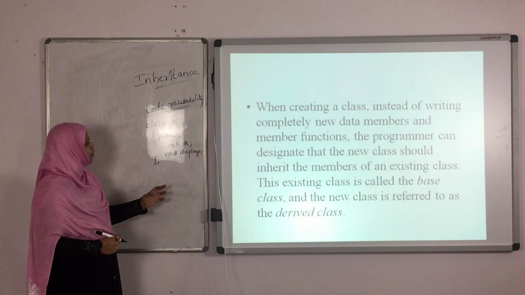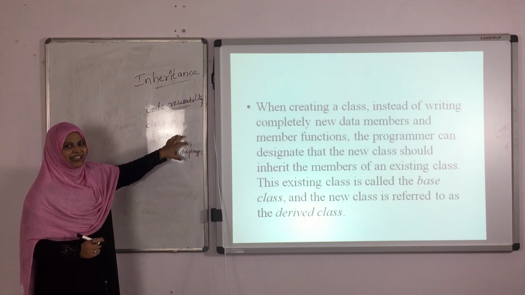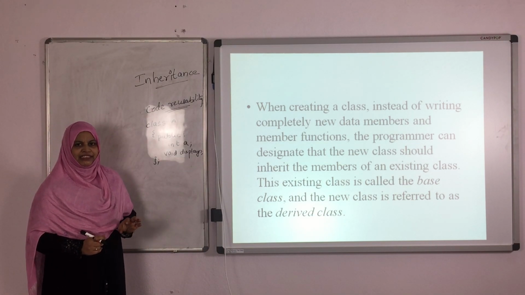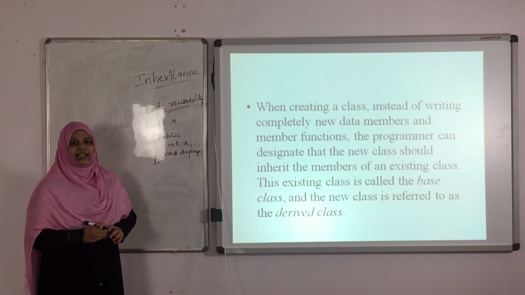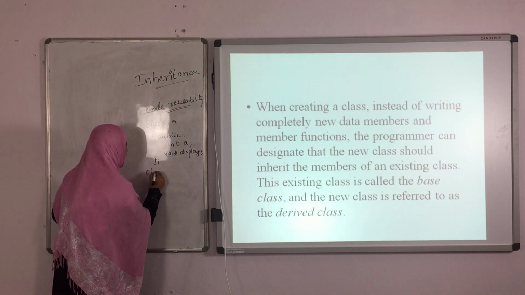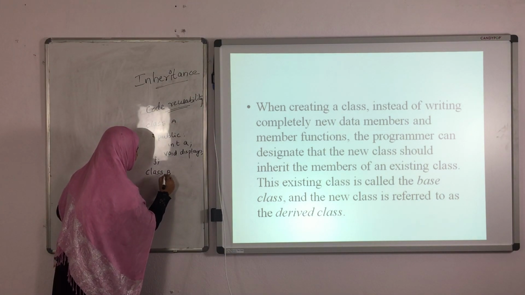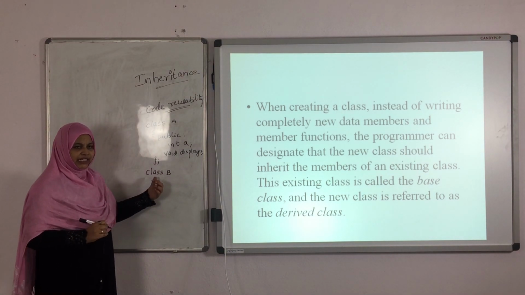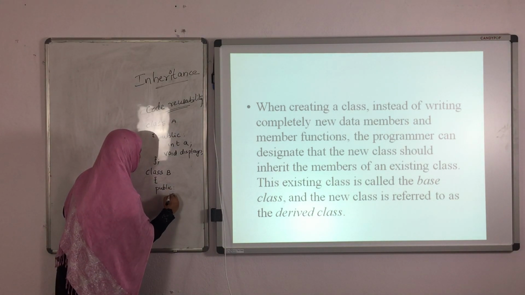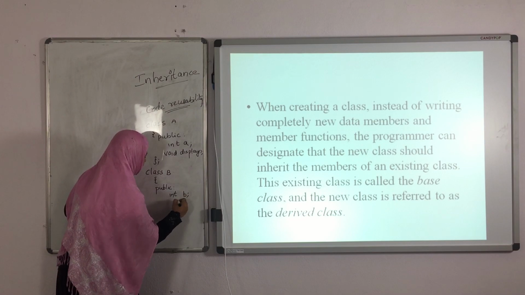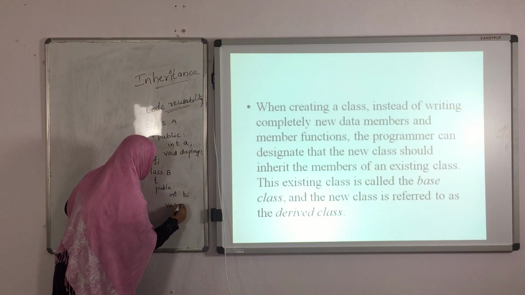Now I am going to inherit the properties of class A into class B. Here I am defining one class B. In class B, I am going to declare one variable, that is int b, and a void show function is there.